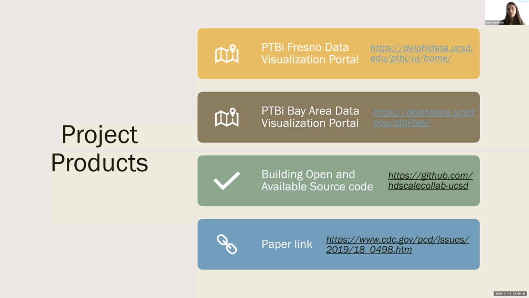If you want to build your own site on a different topic or even the same topic, that's all available on GitHub. And then we wrote a paper that was published in the CDC journal, Preventing Chronic Disease, about this whole process, about how the stakeholder work went, and then about the website itself and what it includes.